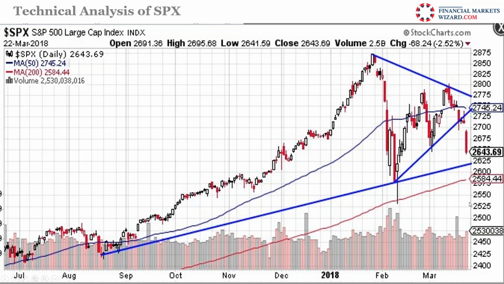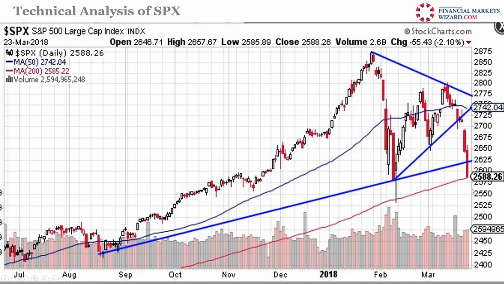This is SPX. So SPX is further from the level right now. It's the 22nd of March. SPX is sitting right at the 200-day moving average. I feel that it will break, because the way the candle is sitting is very bearish. It did not come down as a dwindling little candle.